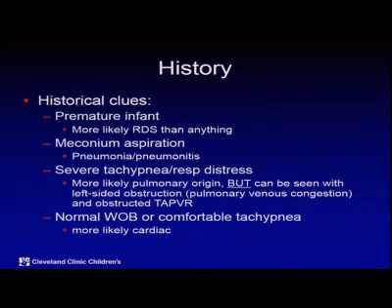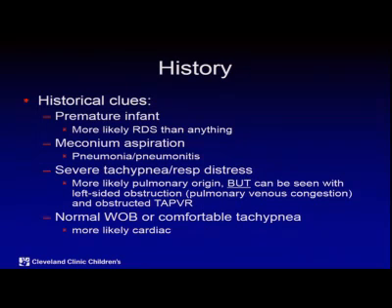What are some historical clues about the etiology of the cyanosis? Premature babies are more likely to have RDS as a cause of their desaturation. Meconium aspiration can cause pneumonia, pneumonitis, and pulmonary hypertension. If you have severe tachypnea and respiratory distress, it's generally of pulmonary origin.